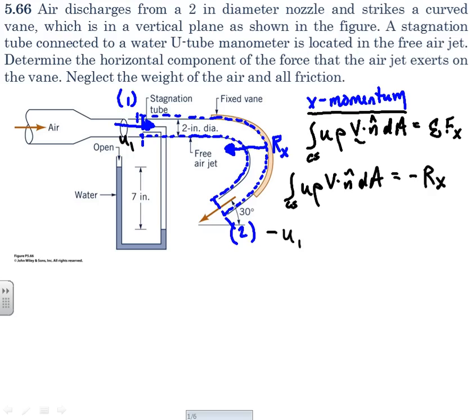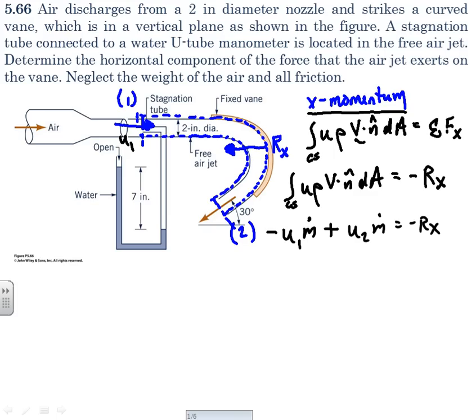So we'll have u1 times the mass flow rate, and then leaving a control volume is positive. So position 2 we have momentum leaving, so that's plus u2 times m dot. That's equal to minus R sub x.